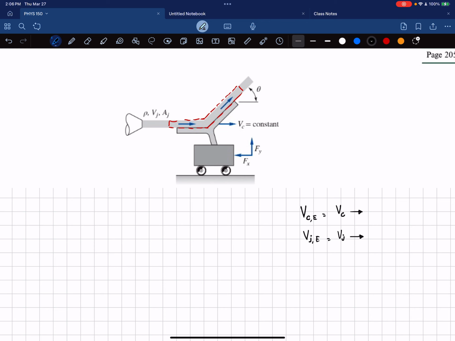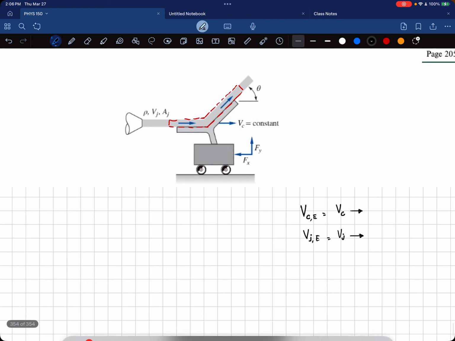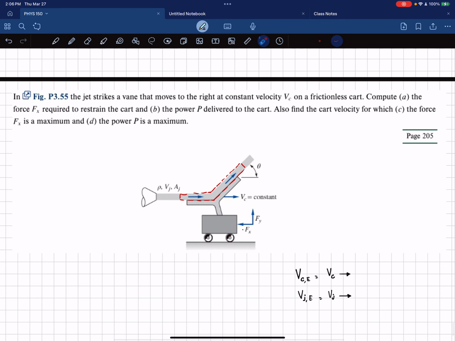The force acts on the cart completely in the horizontal direction, because the cart is on a platform and is only allowed to move in the x direction. It won't move in the y direction, right? So you can find the force Fx in that direction.